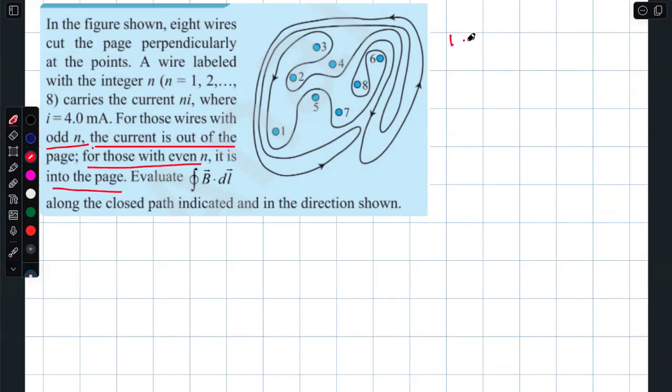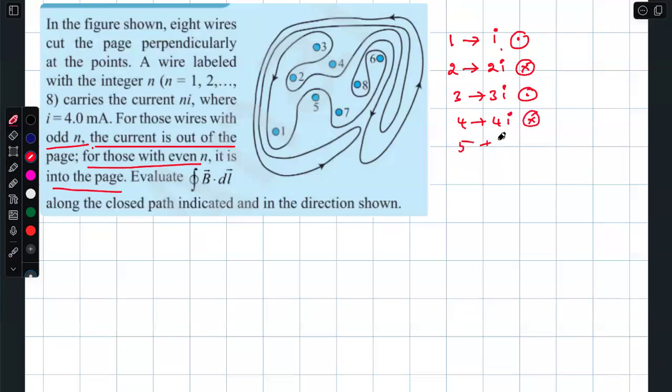For example, 1 carries I current outwards. 2 carries 2I inwards. 3 carries 3I outwards. 4 carries 4I inwards.